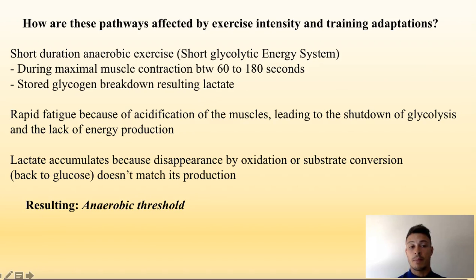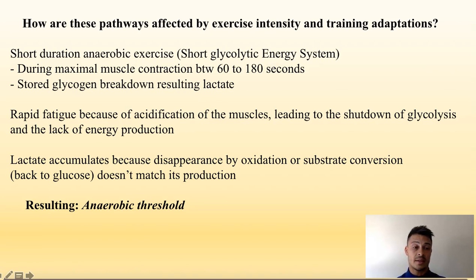Because our bodies can store glycogen, we're breaking down the glycogen, a source of energy, to produce energy so quickly. And because of that, we will accumulate lactate. So the intensity of the exercise is high.